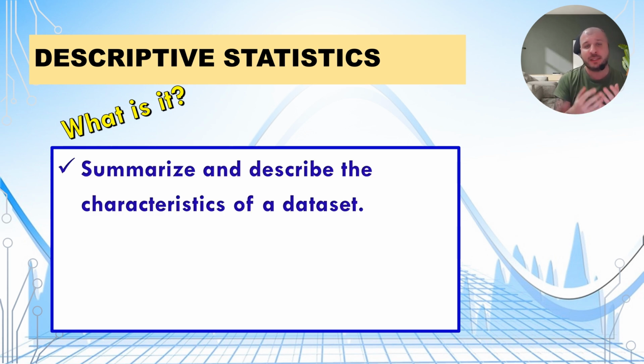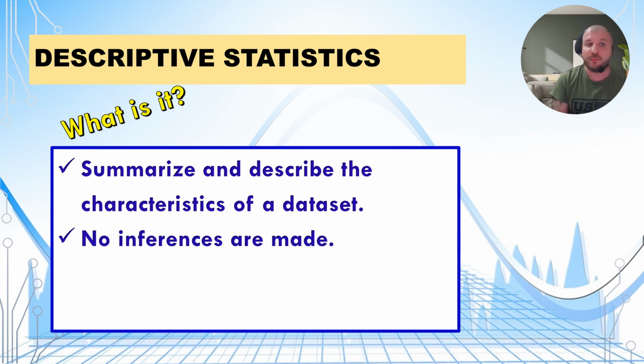First thing is, we use descriptive statistics when we want to summarize and describe the characteristics of a specific data set, right? From descriptive statistics, you need to understand that no inferences can be made, or you are not expected to make any inferences at all.